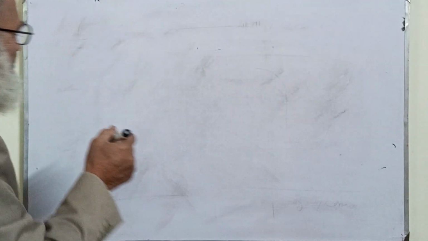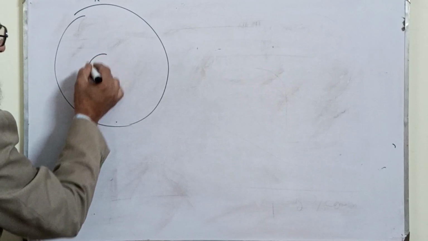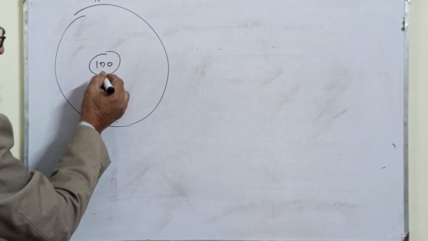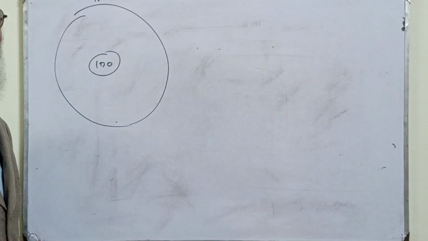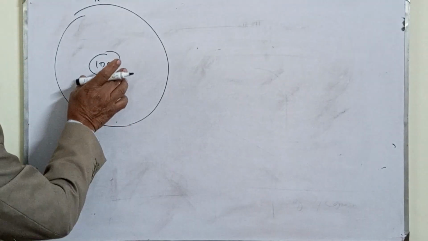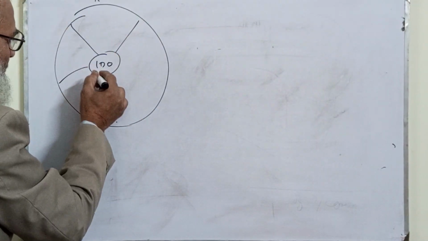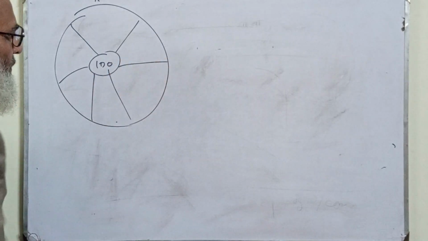Bullseye is, for example, if it is a dartboard and here it is 100 written, maybe 100, 200, whatsoever is written. It is not necessary that 100 should be written in the bullseye. Bullseye means the center of the dartboard.